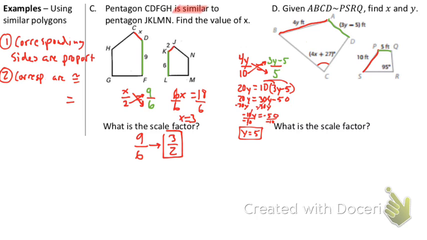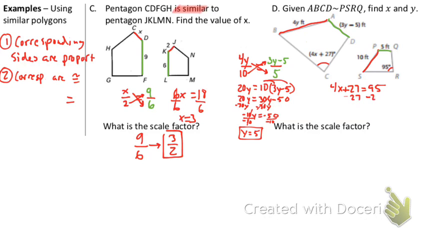So let's go to our statement at the top. Angle C matches with angle R. So C matches with R. Since they are congruent, I can set their measures equal to each other. So I can say 4x plus 27 is equal to 95. And now I have my equation to solve for x.